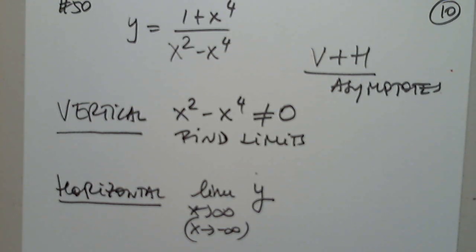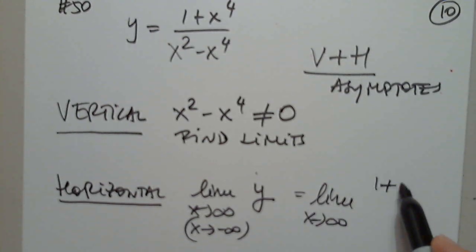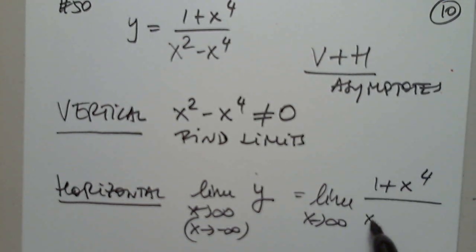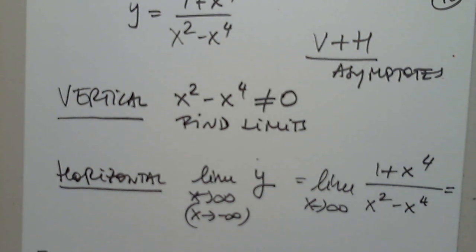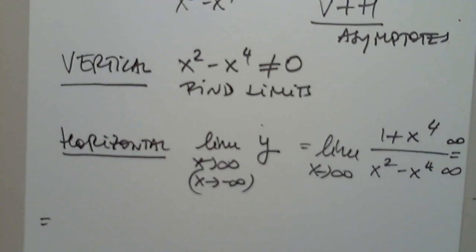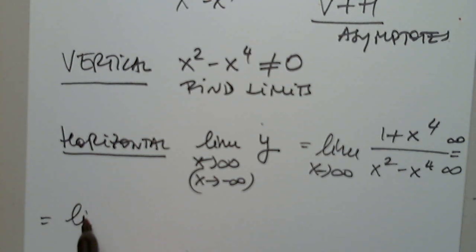So let's go ahead and just do this first one as limit as x approaches infinity of 1 plus x to the fourth over x squared minus x to the fourth. Yes, when you plug in, this is infinity, this is negative infinity, the sign is not important, there is hope. Degree of the top.